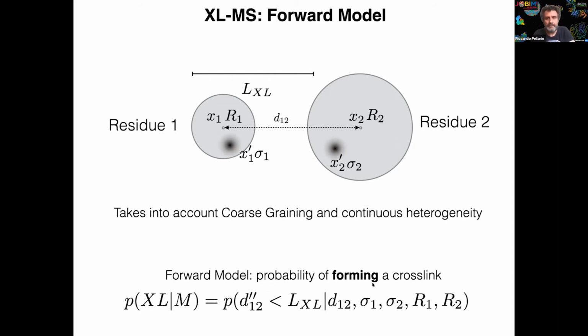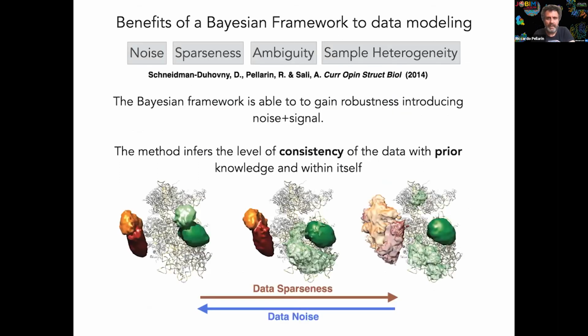Therefore, the forward model is the probability of forming a crosslink between these two coarse-grained residues: the probability that the distance between any point in these two coarse-grained spheres is less than a certain length, which is the length of the crosslinker, given the distance between the two residues, the variance of the two uncertainty 3D Gaussians, and other parameters.